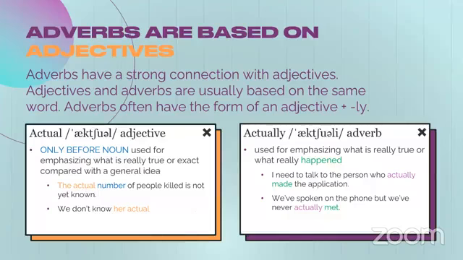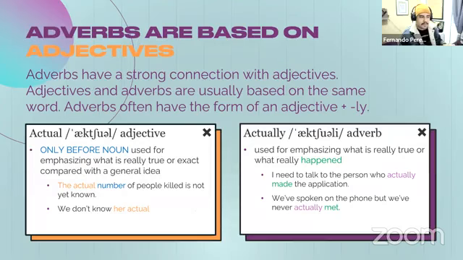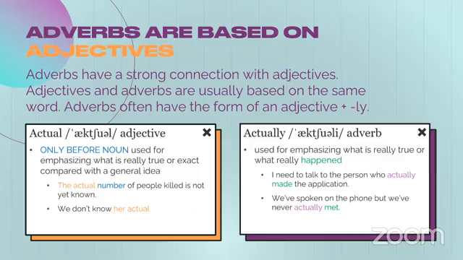Adverbs have a strong connection with adjectives. Adjectives and adverbs are usually based on the same word. Adverbs often have the form of an adjective plus ly. Plus ly. The other two. Yeah, please.